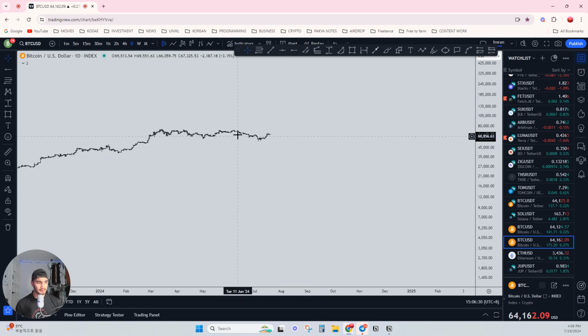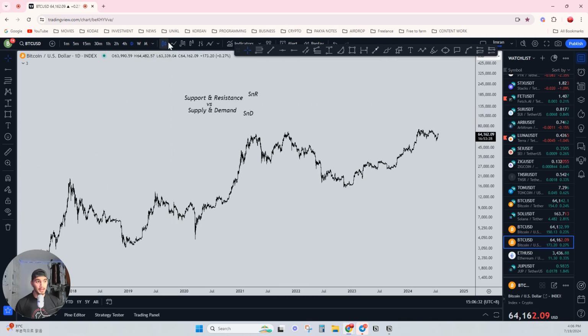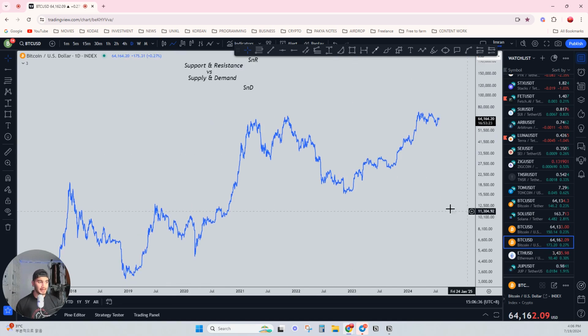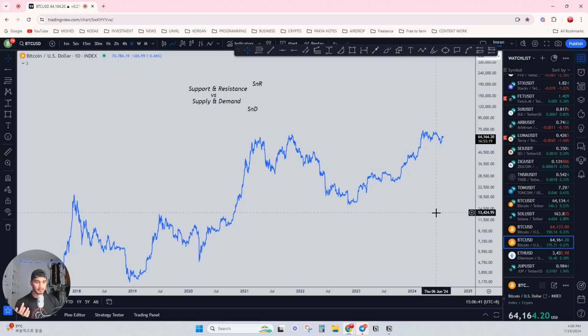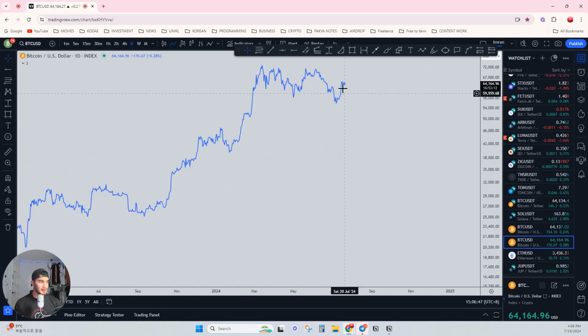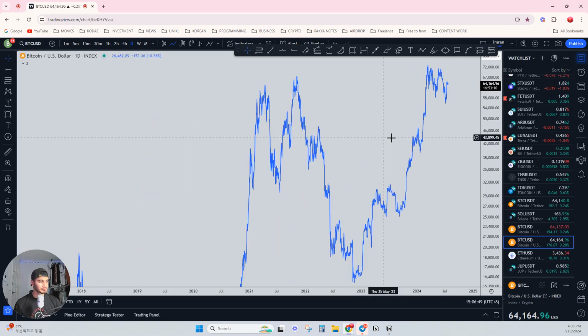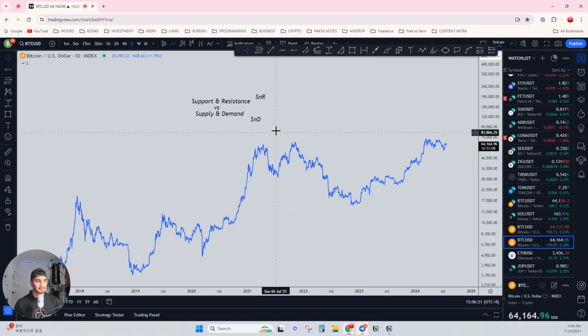If I move closer, this is a candlestick chart. We can change into a line chart. A line chart is one of the most easily readable charts and most understood by people out there, so you don't need to interpret much. You can just look at the price and that's what you see. So how do we mark support and resistance?